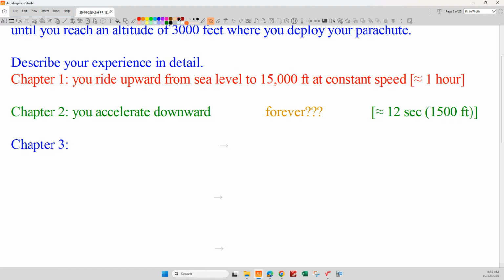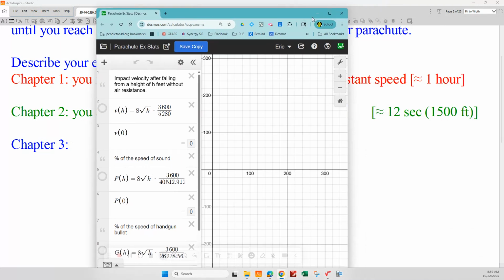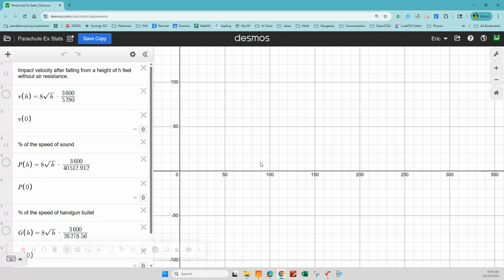Just a little more fun with Desmos here. If we want to look at what would happen if there were no air resistance, let's see, we want to fall from 15,000 feet.